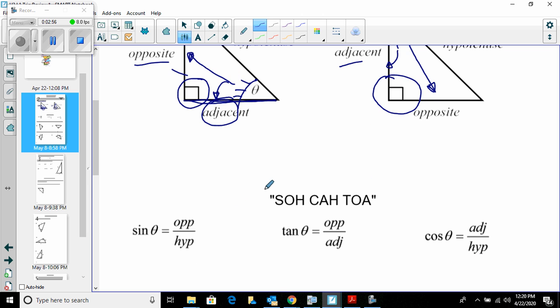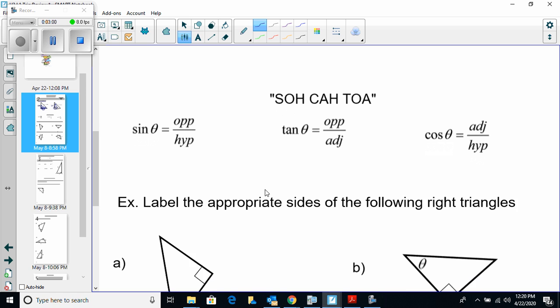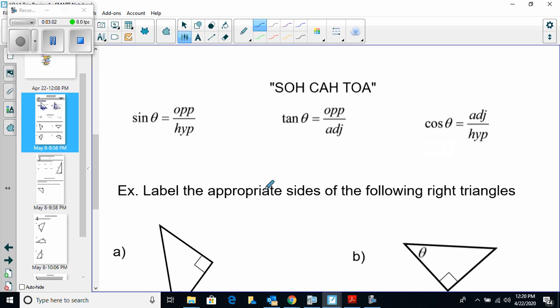So you most likely remember what SOHCAHTOA is. It is calculating the angle or the sides when we know the sine, cosine, and tangent, or calculating sine, cosine, tangent.